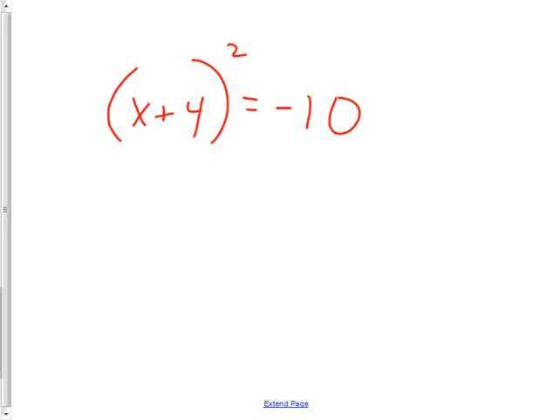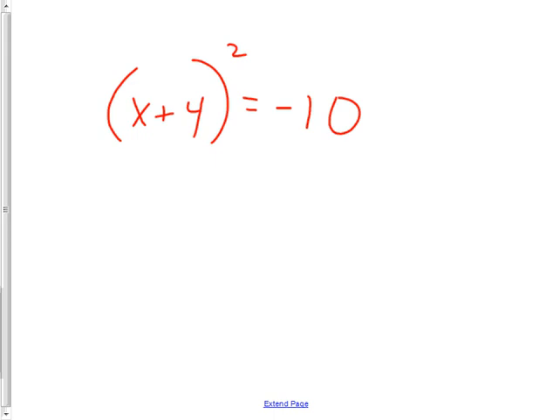Look at it. Can anything squared equal negative? Once again, no solutions. Could you have done it the long way, gotten answers, checked them, and realized, nothing's working? And hopefully at that moment you would have said, oh, nothing squared can ever come out to be negative.